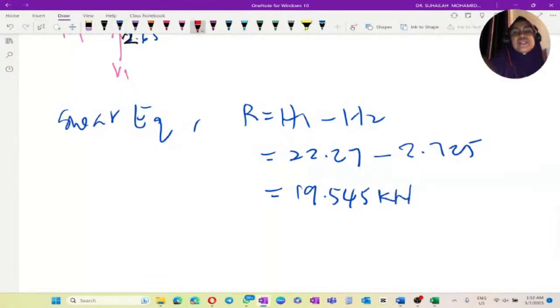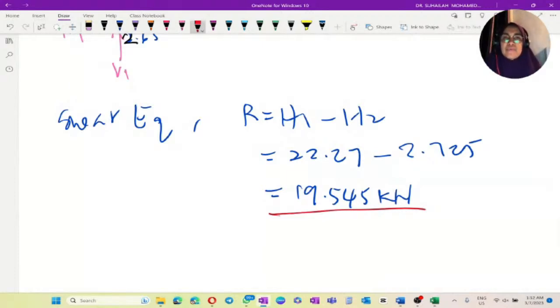Okay, so we finish part 1 of the analysis. The last step of part 1 is the R value, which we get from the shear equation.